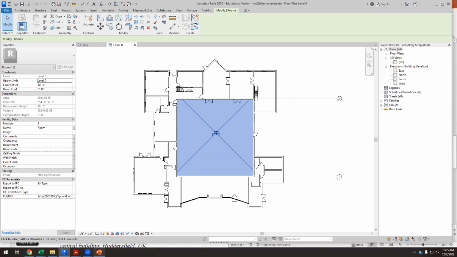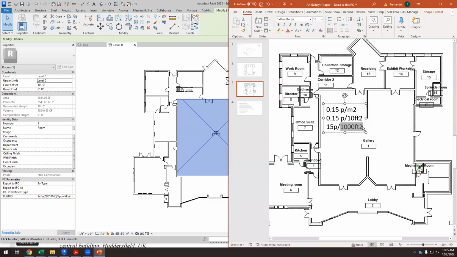If we have 15 people per 1,000, we have 60 in 4,000 square feet. Does it make sense?